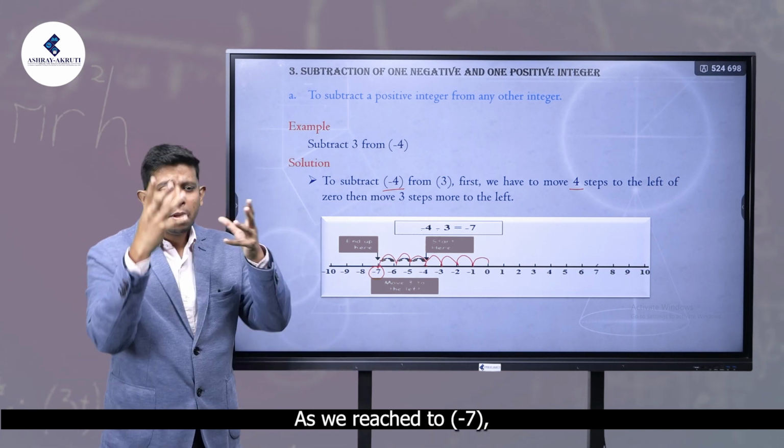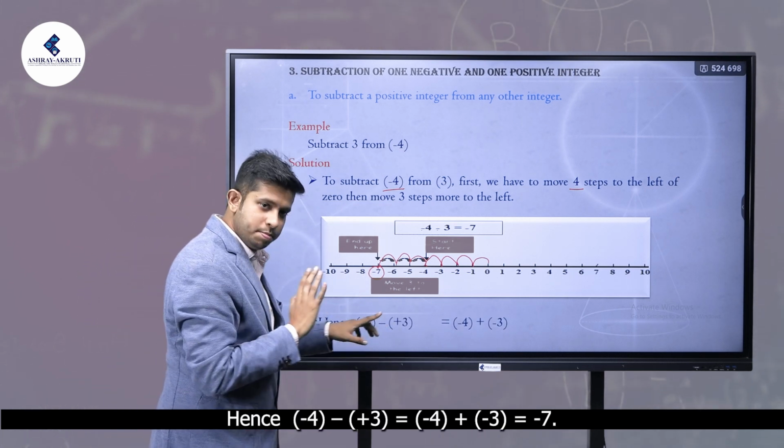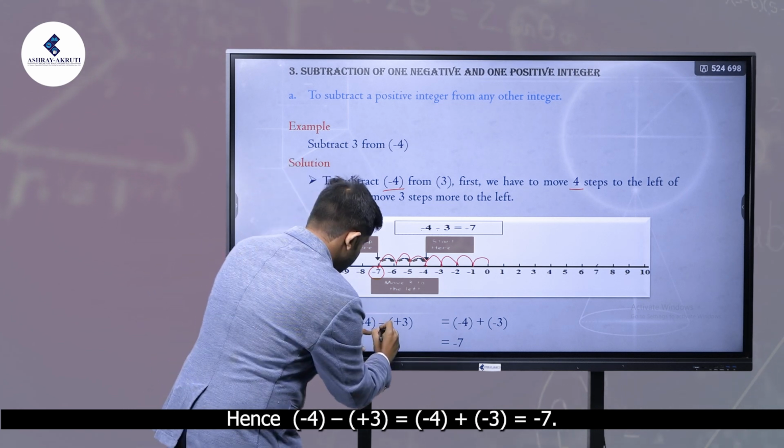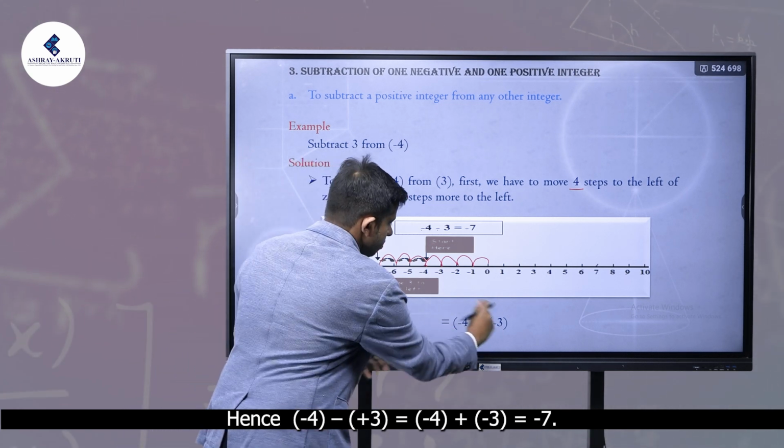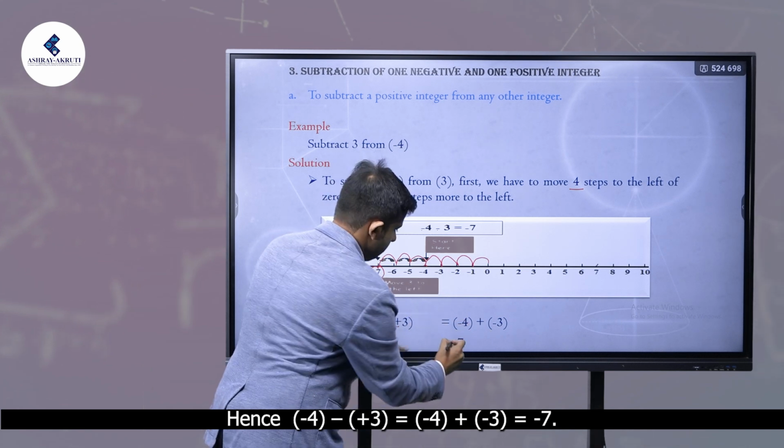As we've reached minus 7, hence minus 4 minus of plus 3 is equal to minus 4 plus of minus 3 is equal to minus 7.